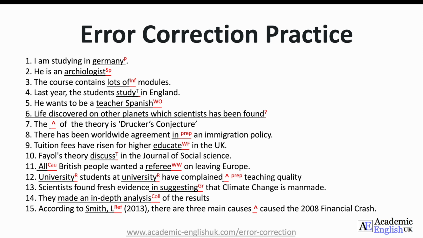These are 15 single general English sentences with one or two highlighted errors. This is a great introduction for students to understand how the error correction code works. So, pause this video and do the exercises.